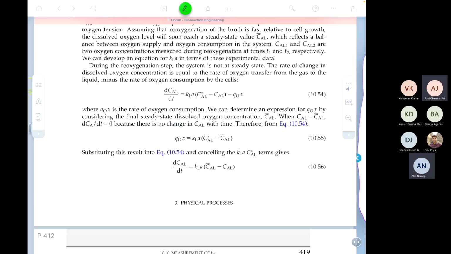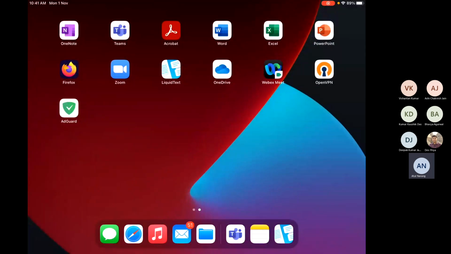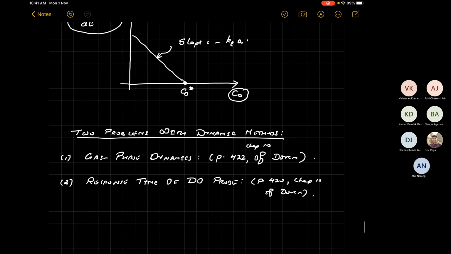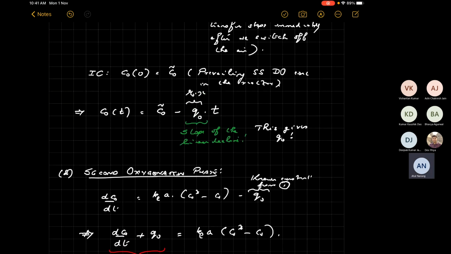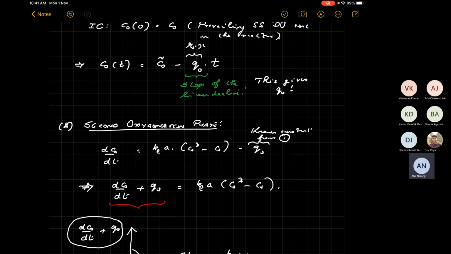So I use the differential method, right? Notice that in my notes, I never integrated it. I just used the differential equation itself to estimate the parameters. But I could go ahead and integrate this differential equation.